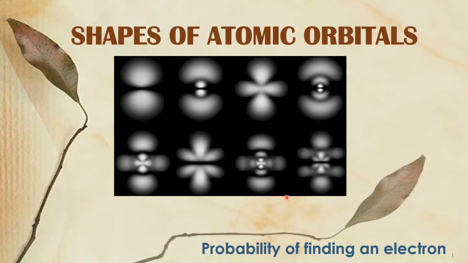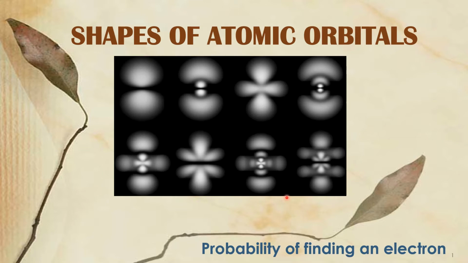Hello, my dear students. Till now, we were discussing the quantum mechanical model, Schrodinger's wave equation, then psi square, which gives us the probability of finding an electron in that region around the nucleus. Afterwards, quantum numbers.